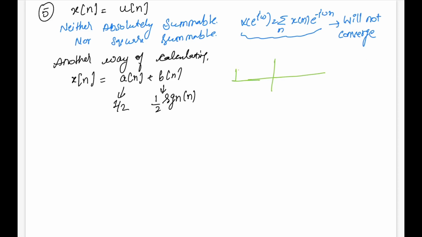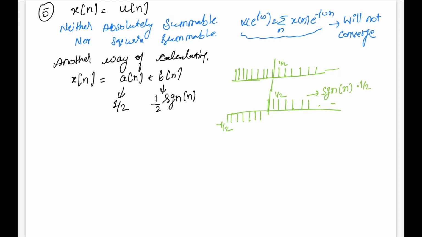So 1 upon 2 for every value of n will look something like this. Okay, this is 1 upon 2, and 1 upon 2 signum of n. For n greater than or equal to 0, it is plus half, and for n less than 0, negative values of n, it is minus half. This is signum n into 1 by 2.